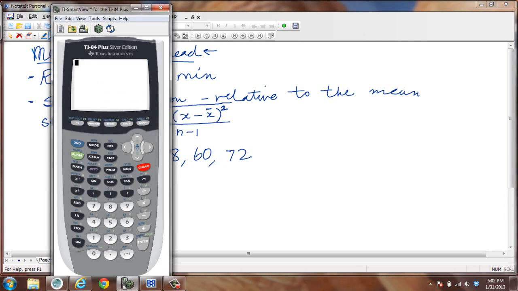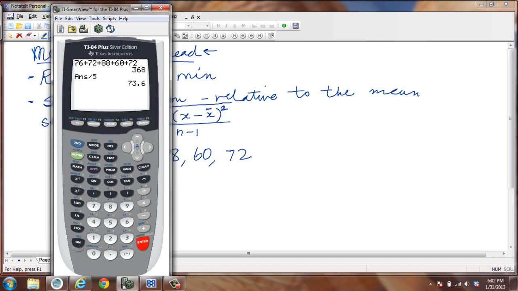And very quickly, I am just going to calculate the mean. I have 5 pieces of data, so let's divide that by 5.